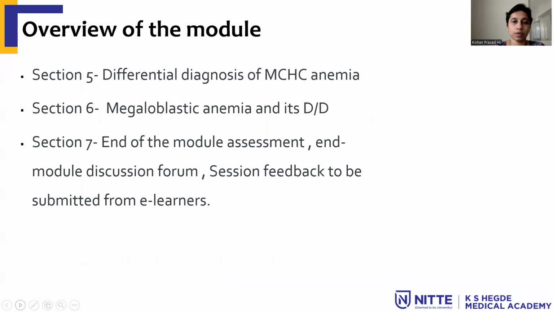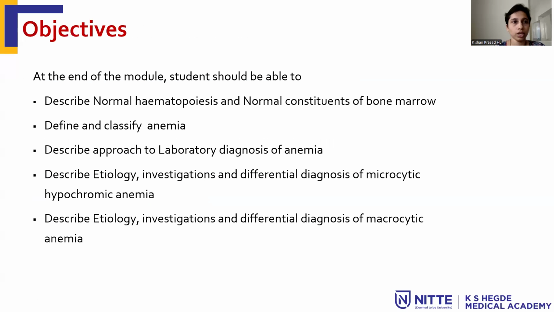Section 5 gives differential diagnosis of microcytic hypochromic anemia. Section 6 gives megaloblastic anemia and its differential diagnosis. Section 7 is the end module assessment with an end module discussion forum, and the e-learners are supposed to give the session feedback.